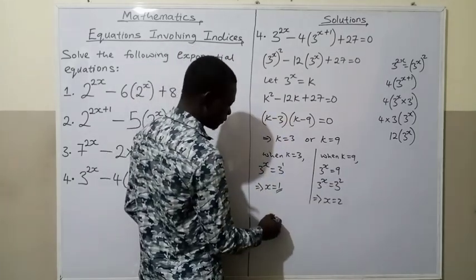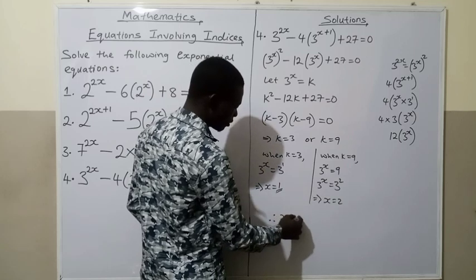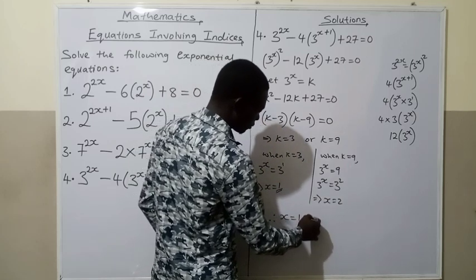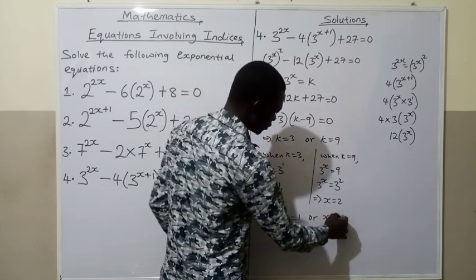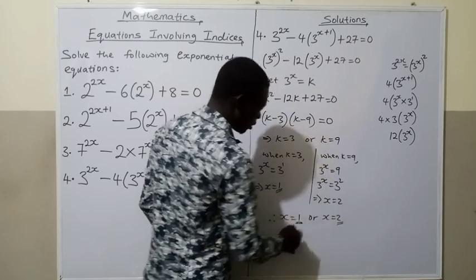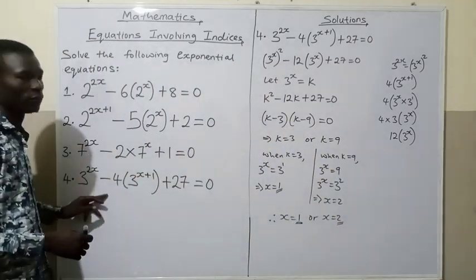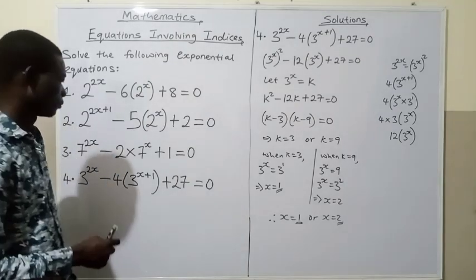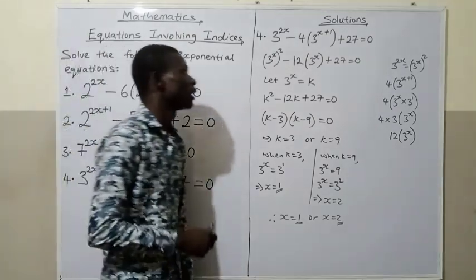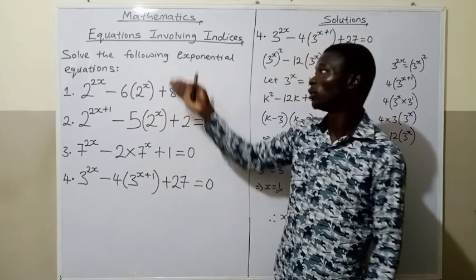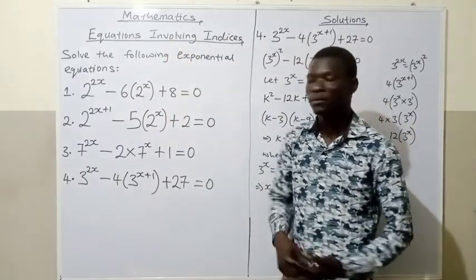So therefore, x equals 1 or x equals 2 are the values of x, or the solutions that satisfy this particular equation. So I give to you solutions to equations involving indices.